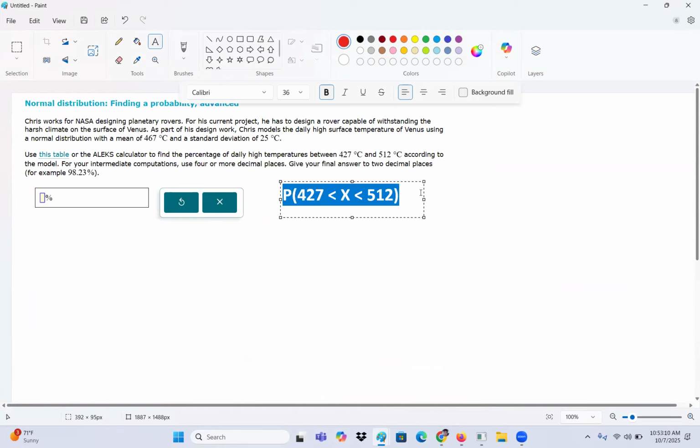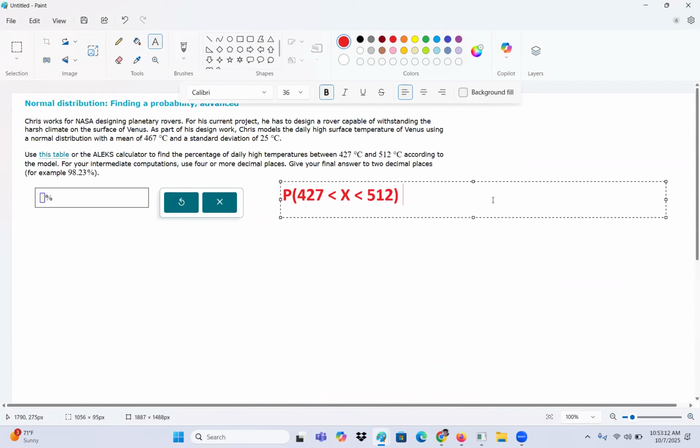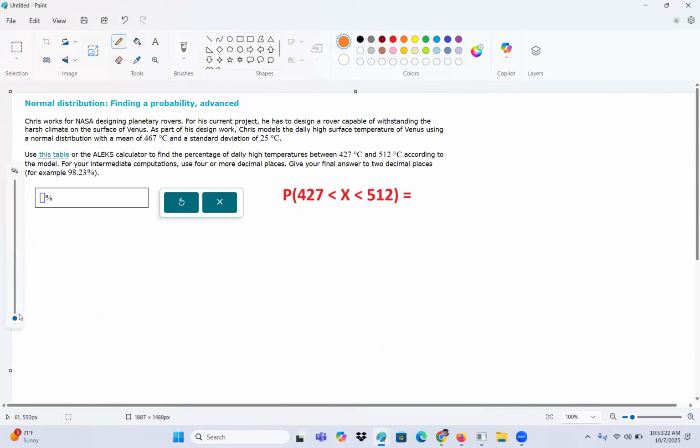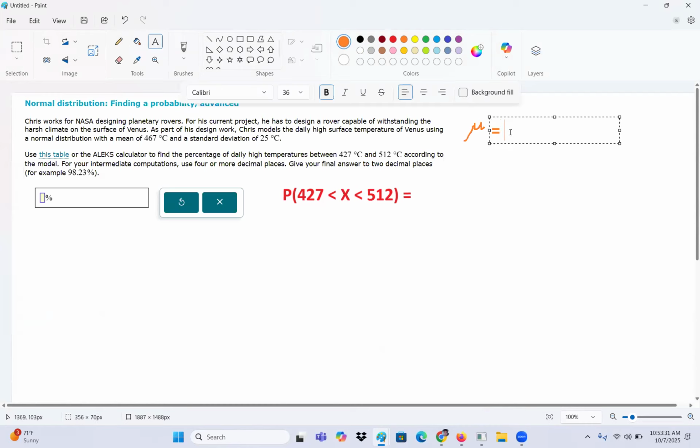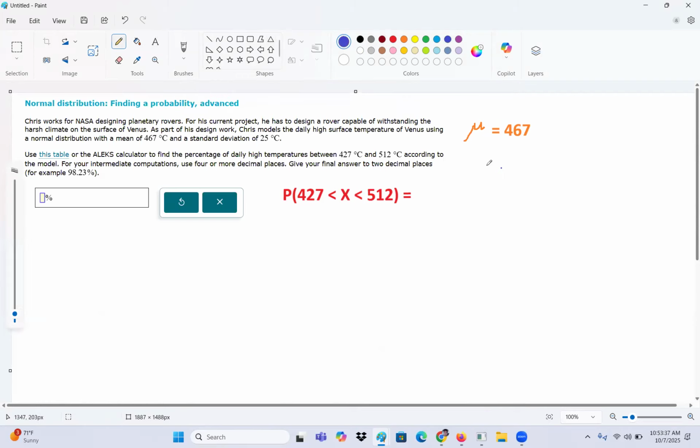The x is usually followed by a keyword like at most, at least, between, less than, more than, greater than, fewer than. The mean and standard deviation should be taken separately. The mean is 467 and the standard deviation is 25.